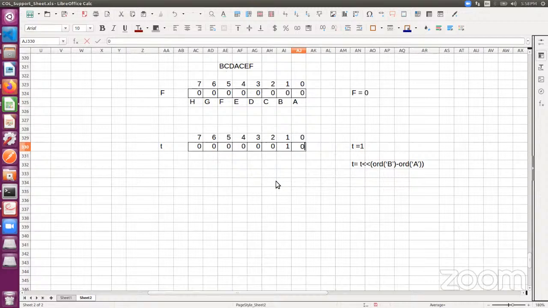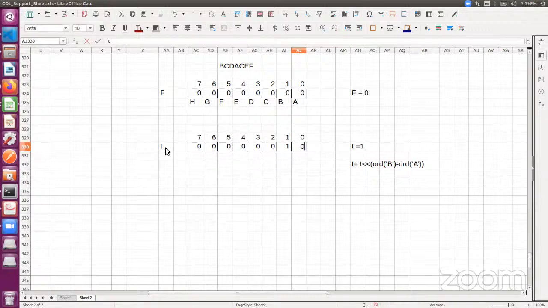Now the task is to check whether this B is already present in F or not. If not, you have to make the corresponding location 1 without affecting the rest of the locations. Otherwise, we can print that it is not unique. Are you able to get it? I'll repeat again.